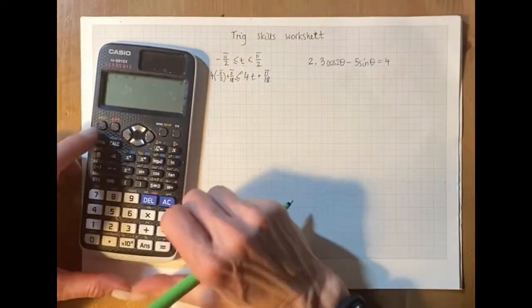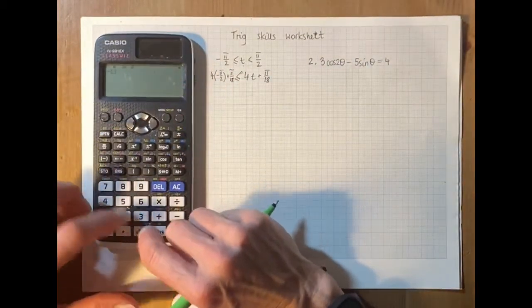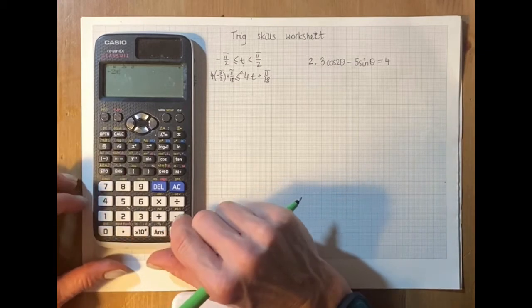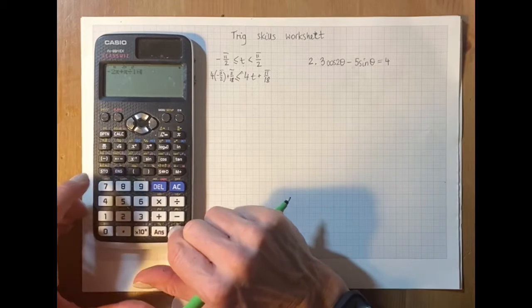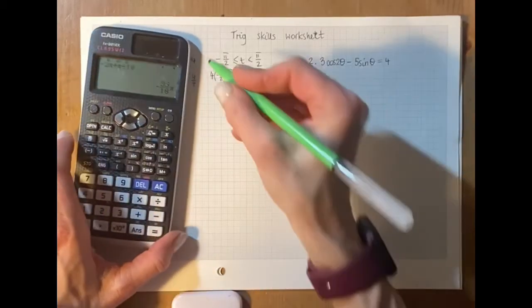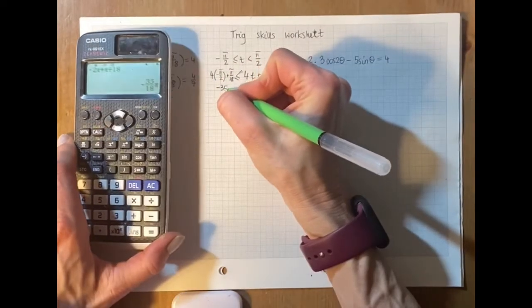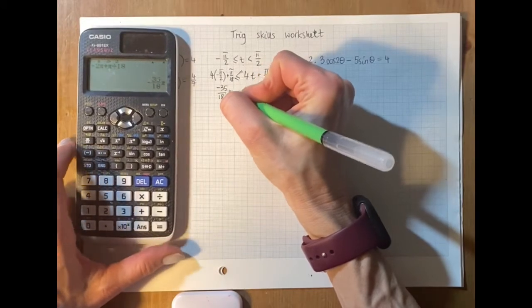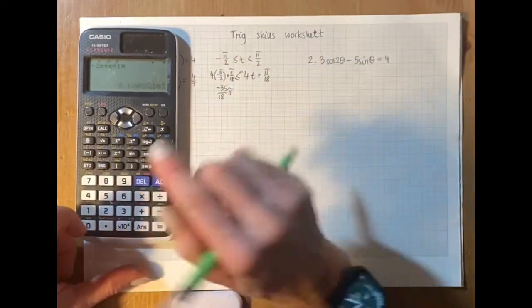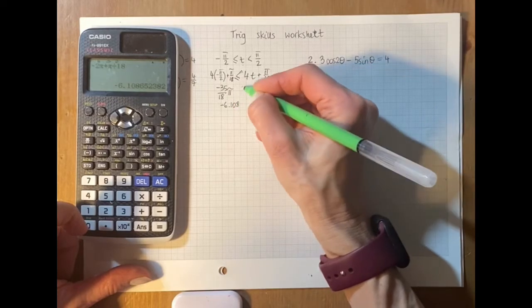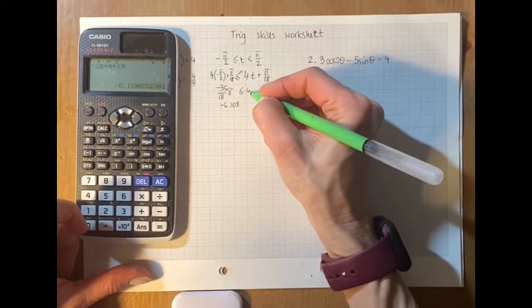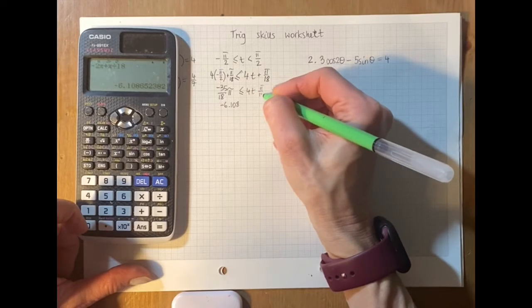So let's work it out. Minus 2 pi plus pi over 18 is going to be minus 35 over 18 pi. So it's almost minus 2 pi. Let's just work out, it's minus 6.108 for 4t plus pi over 18.